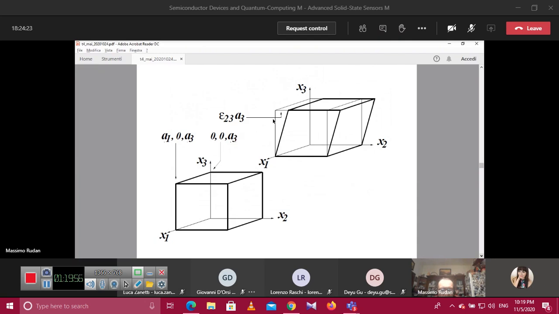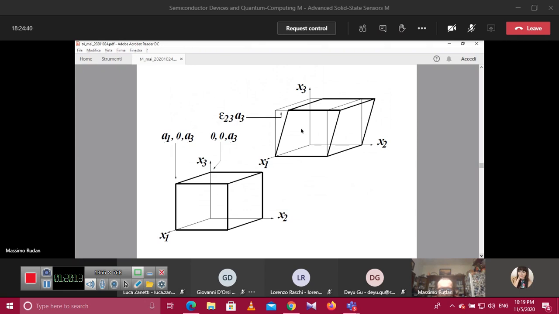This line will deform to the right, will shift, sorry, to the right by the amount calculated before, epsilon 2, 3 times A3, okay.